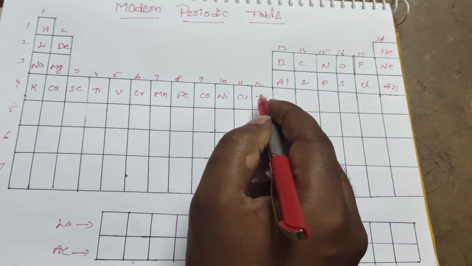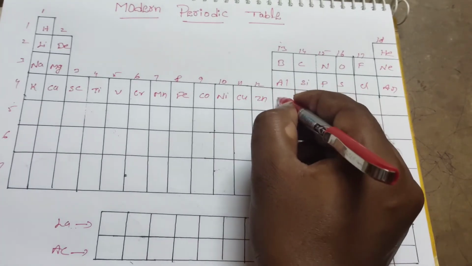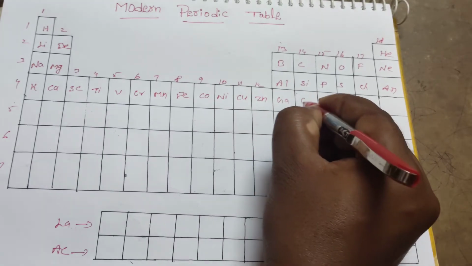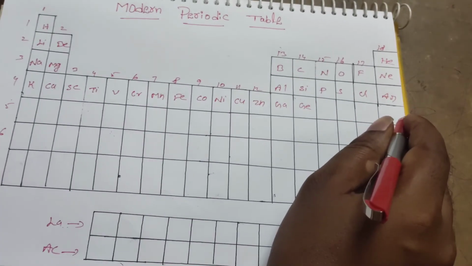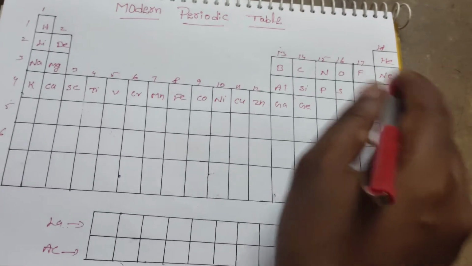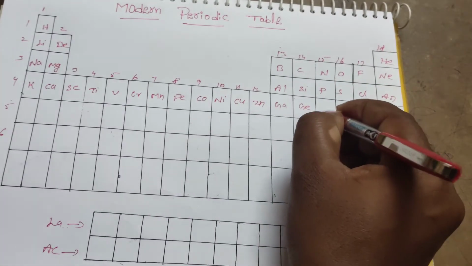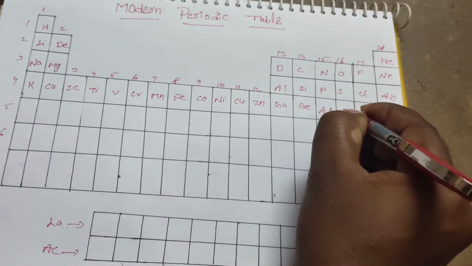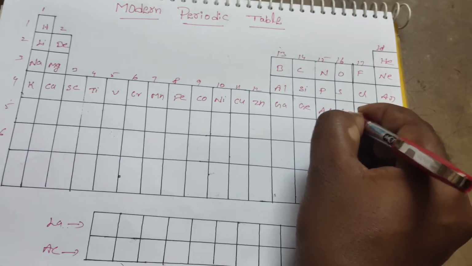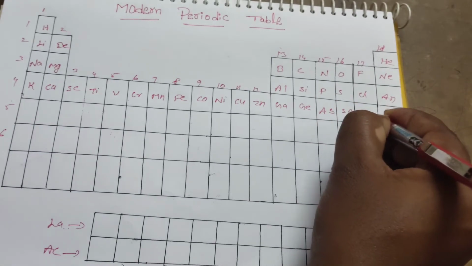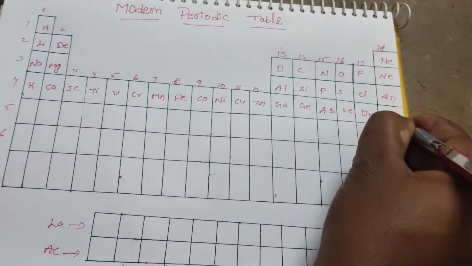Zinc's atomic number is 30. And gallium, germanium, arsenic, selenium, bromine and krypton.